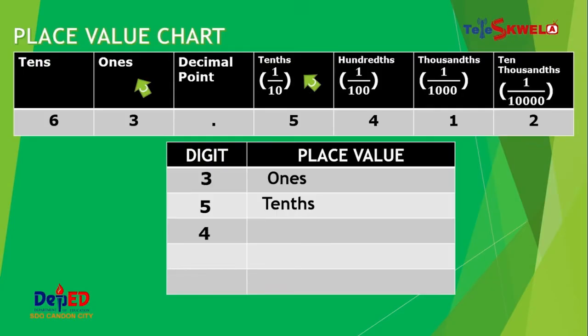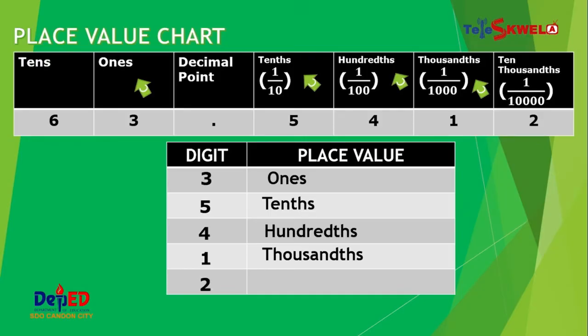How about 4? Where is it in the chart? Good job! It's under hundredths. So again, the place value of 4 is hundredths. Where can we find 1? It is in the thousands column. So, its place value is thousands.